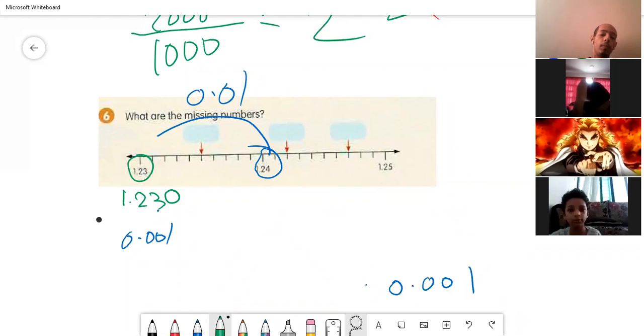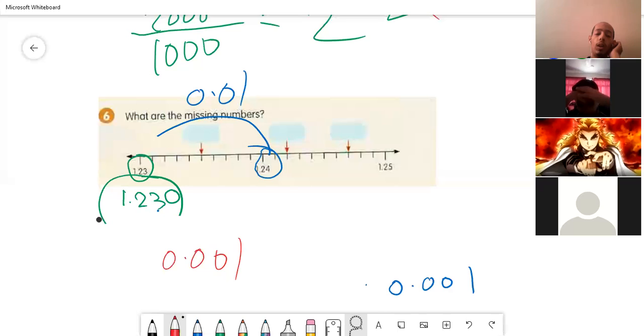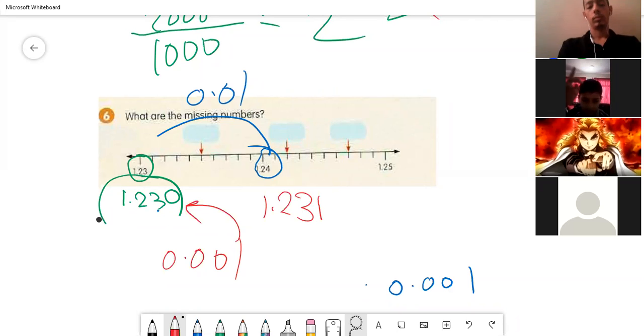This is the same. What is 0.001 after this? It's going to be 1.231. And then the fifth one is 1.235. Now I understand, teacher.